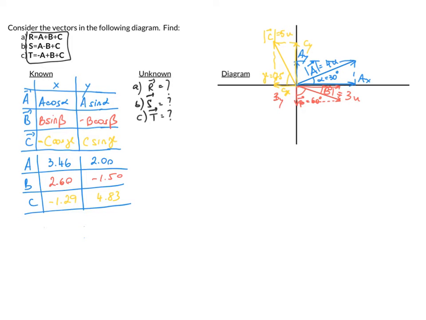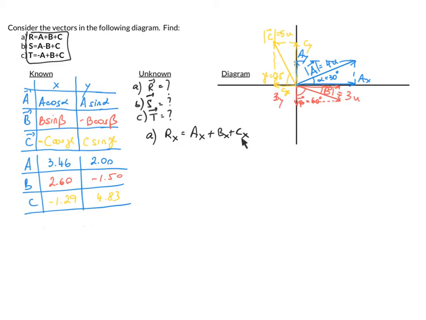And now I'm going to have to start solving for my vectors r, s, and t. So remember that you have to always add things only in the x direction or only in the y direction. So I'm going to find the x and y components of vector r. So rx then is going to be a sub x plus b sub x plus c sub x, because that's what the equation for vector r is. It's a plus b plus c. So the x component has the same relationship.